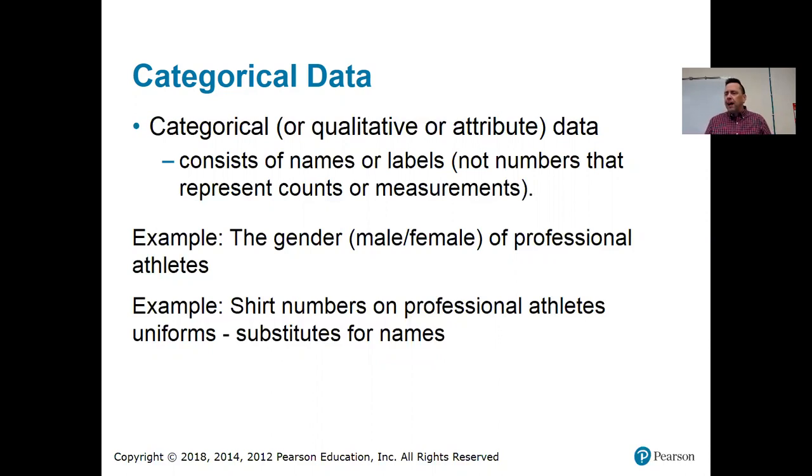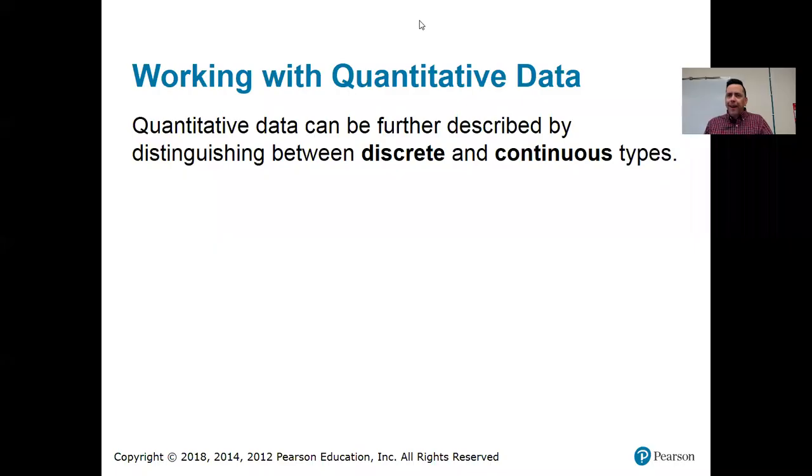And it doesn't even make sense to put them in order, okay? All right, working with quantitative data. So you have your categorical data, which is your names or your numbers that are just labels. And then you have your quantitative data, which is numbers that are actually meaningful as numbers.